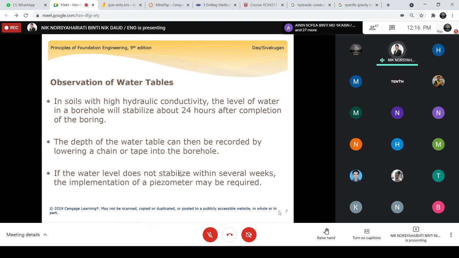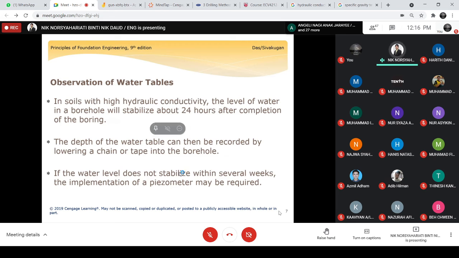Okay, so this part can be related to your hydraulic conductivity test, which is the permeameter test. It is either constant head or falling head, differed by the type of soil present at your site. And you didn't manage to do that one last year.